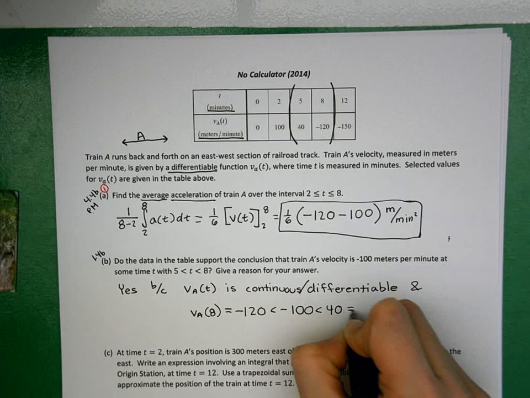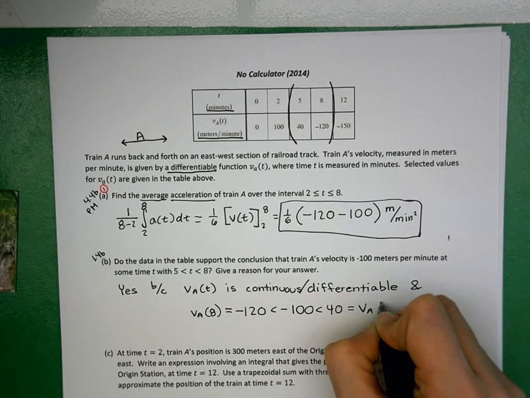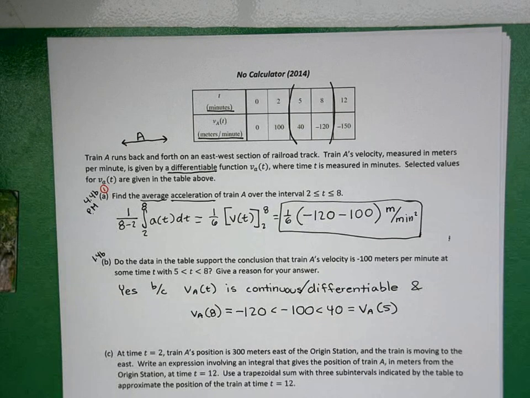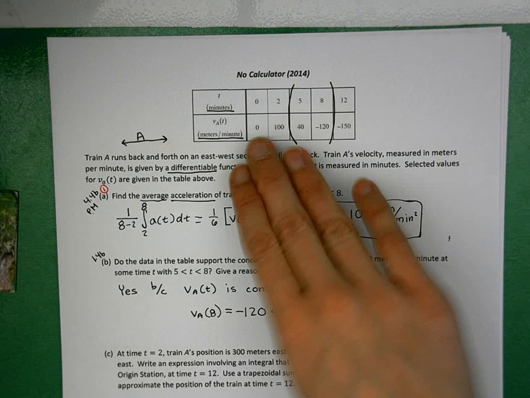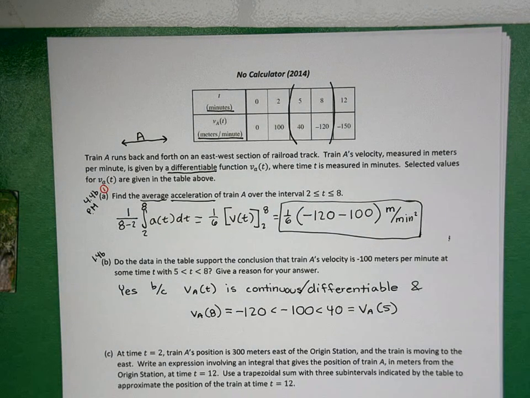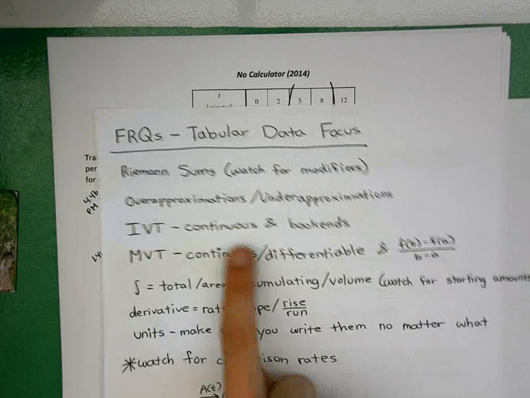I don't always write it like that. Like we talked about in 1.4b, there are other ways of articulating that your negative 100 is between your two values, but you would want to have those two criteria. Again, for IVT, guaranteeing that a point exists. This guarantees a point exists.